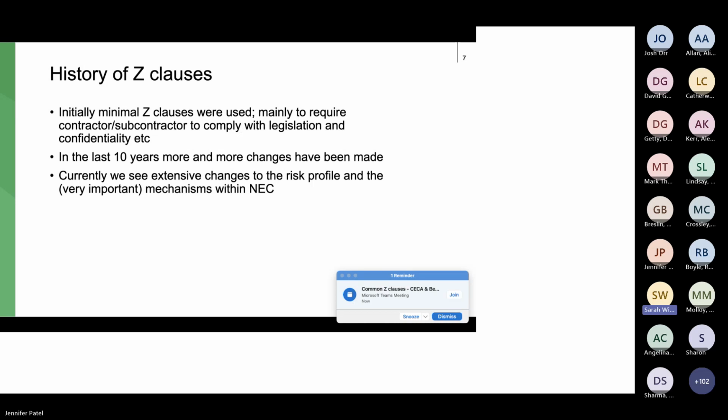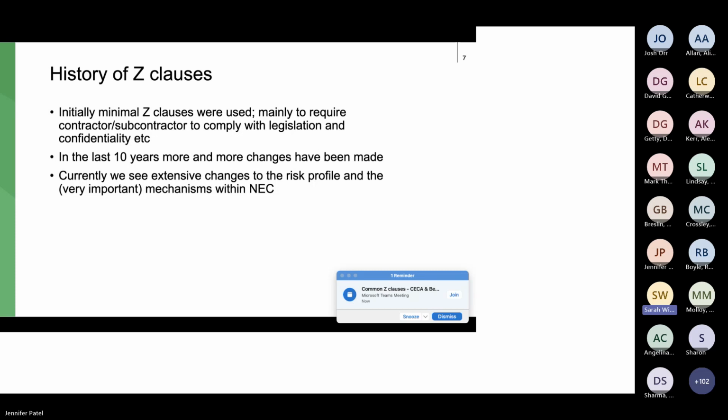Also the contractor agreeing to confidentiality clauses. So fairly benign clauses, ones that, as a contractor or a subcontractor, you wouldn't be too bothered about agreeing to.